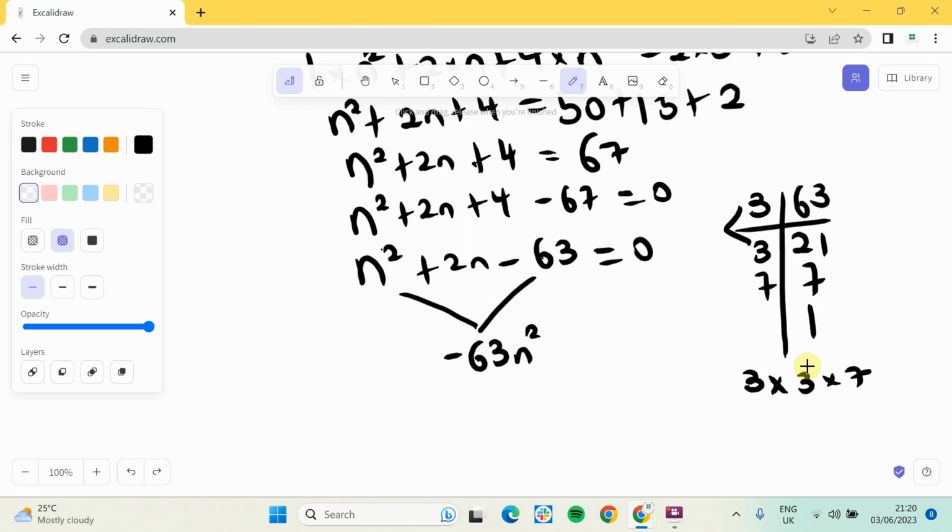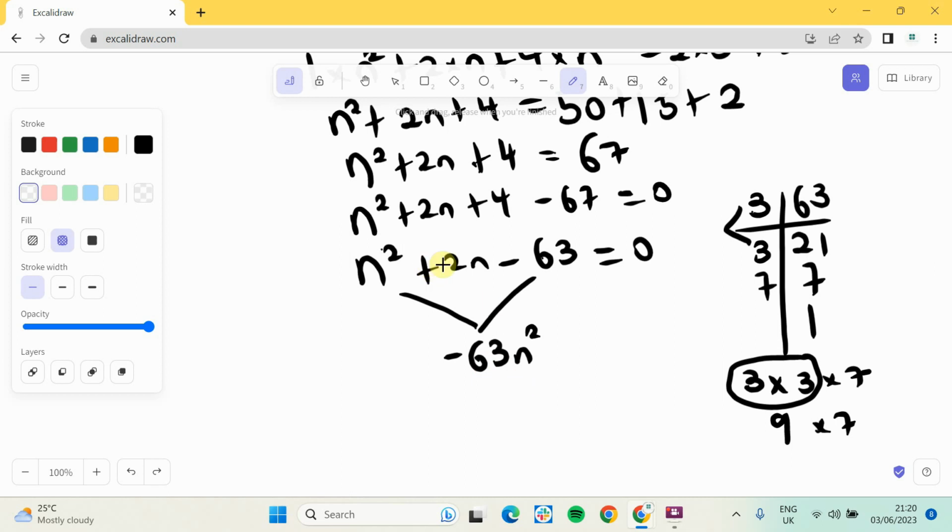So if I join these two, which is 3 times 3, let me make it more clear. 3 times 3 is 9, so 9 times 7, right? So look at this. If I say 9 times 7, that will give me plus 63, but I need minus 63, right?